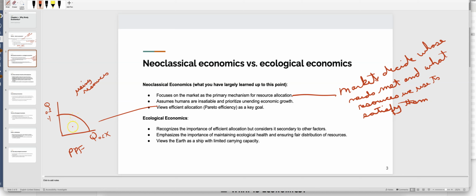If we're here, we're not using all of our resources efficiently. The goal is to operate on this curved line, which represents maximum production given the resources that we have. You can't operate outside of the frontier because you don't have enough resources to be there.